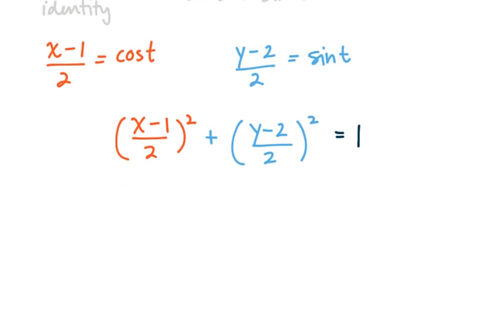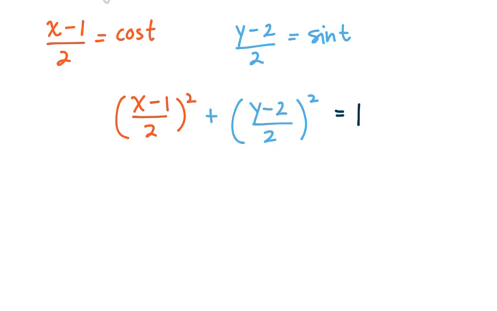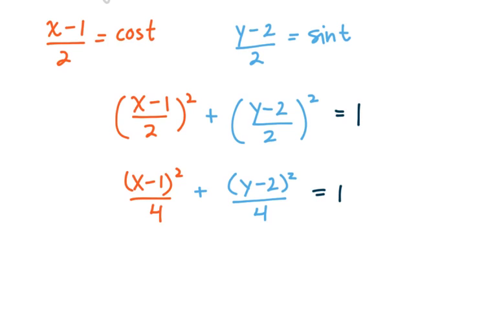So what is this that we have turned it into here? Well, we have x minus 1 quantity squared over 4 plus y minus 2 quantity squared over 4 equals 1.